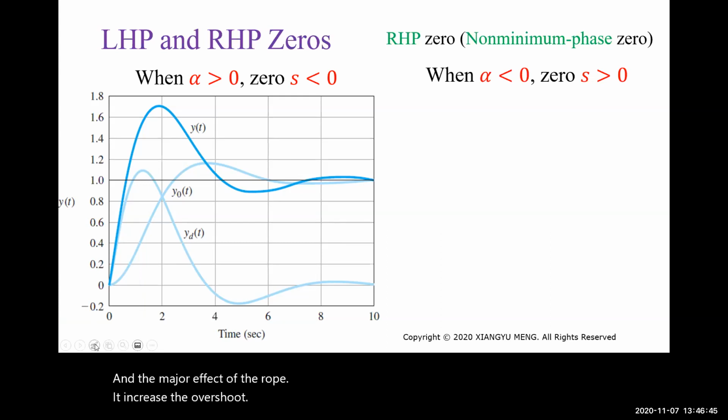We know the total response contains 2 parts. So y0(t), let's call it the original response. It is the step response for standard second order systems without zeros. Then yd(t) is the time derivative of the original step response.